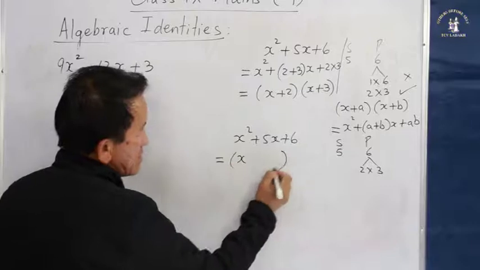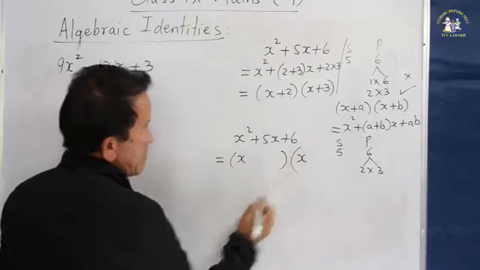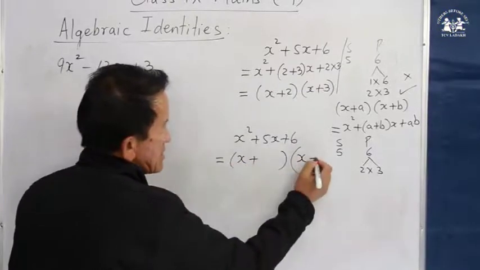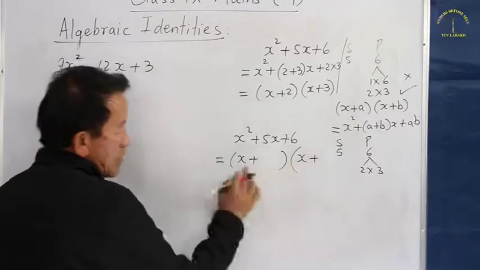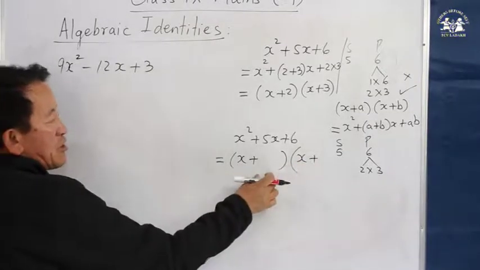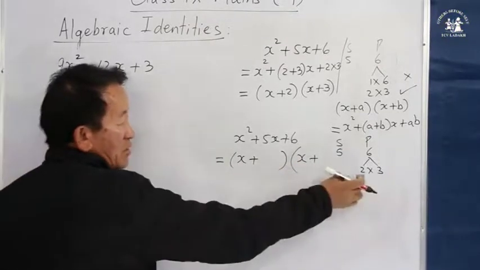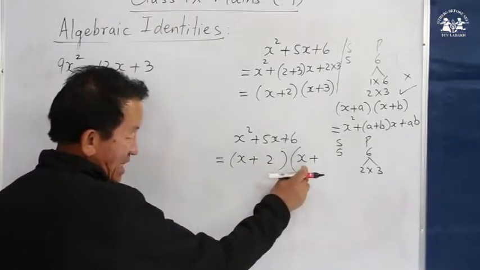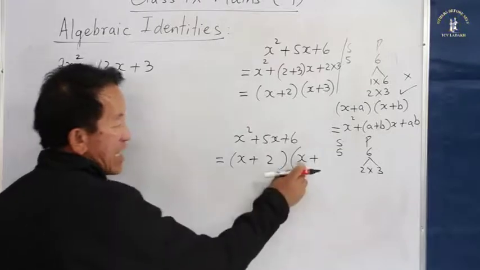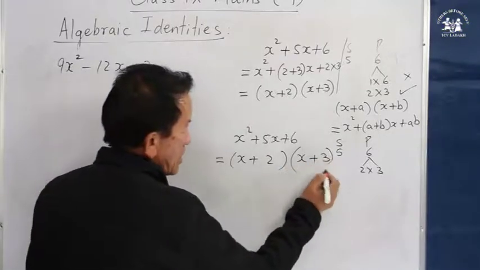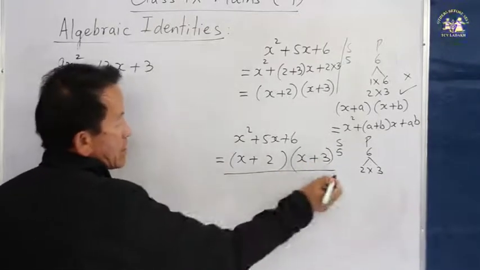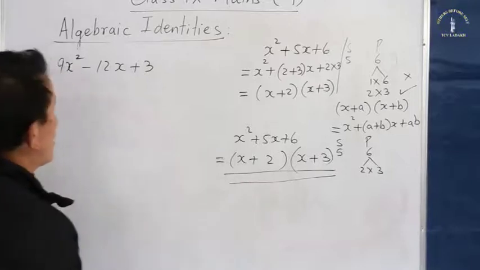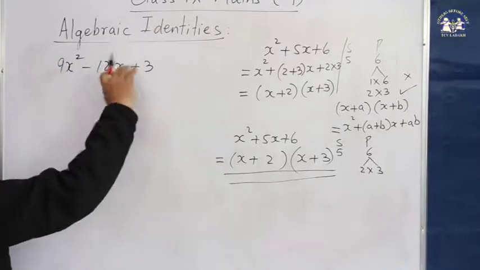The first factor will be x plus the first number, 2, so x plus 2, and the second factor is x plus 3. So these two are the factors. And this is a short way of writing. And now we apply the same over here.